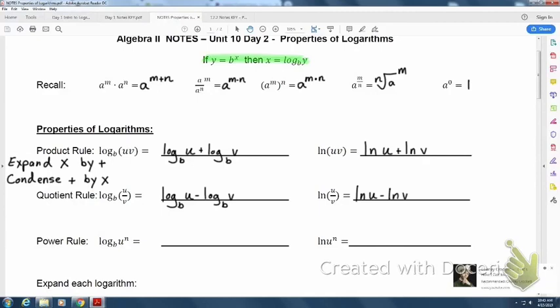I'm just writing natural log instead of log. So you can expand division by subtraction, and you can also use this property to condense subtraction by division.